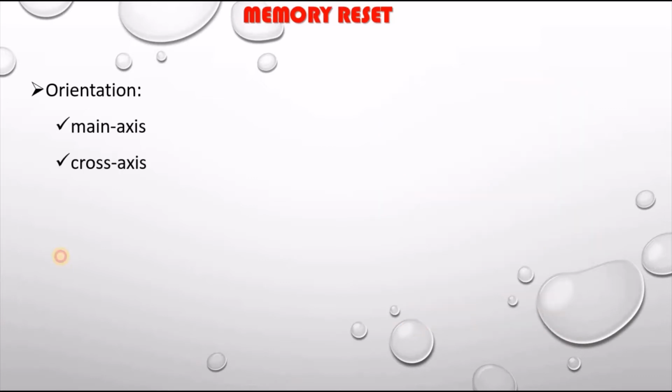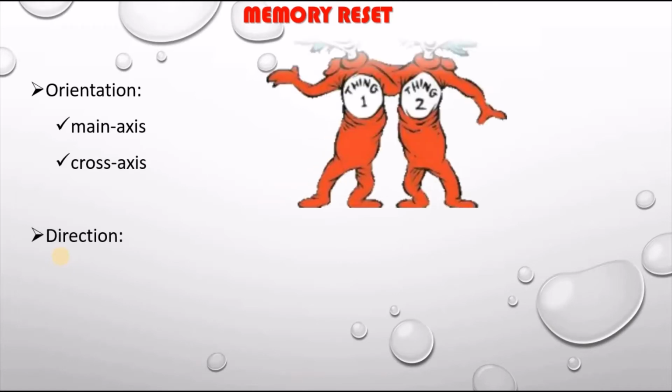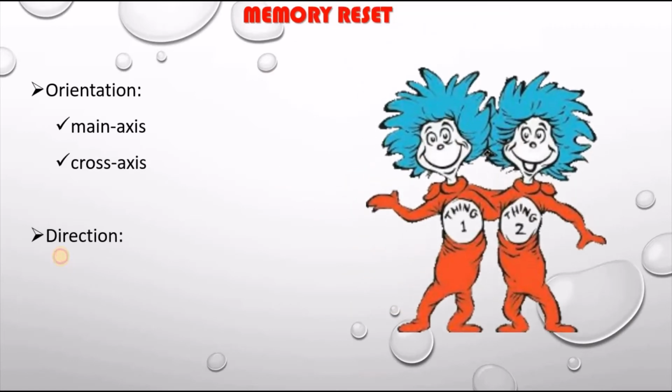And when it comes to direction, two things: start and end. We'll be saying main start, main end, or cross start, or cross end. Just that. To save your sanity, stop thinking in left, right, top, bottom, and all those things, because they will mess you up.